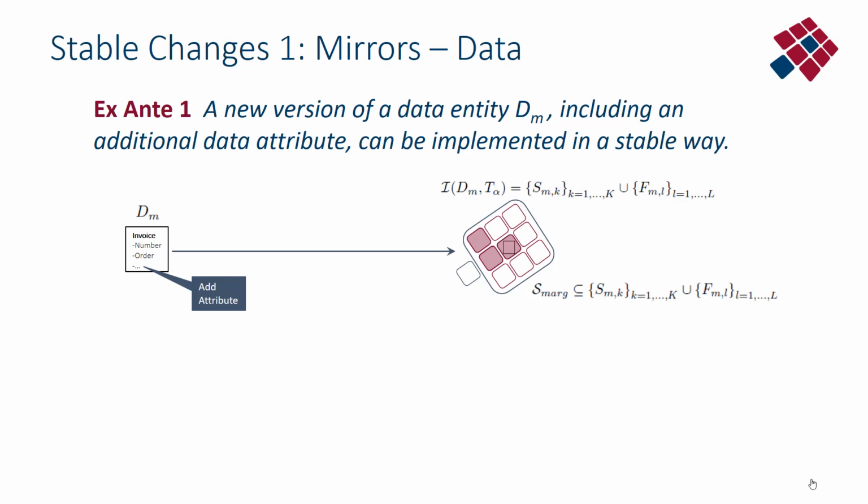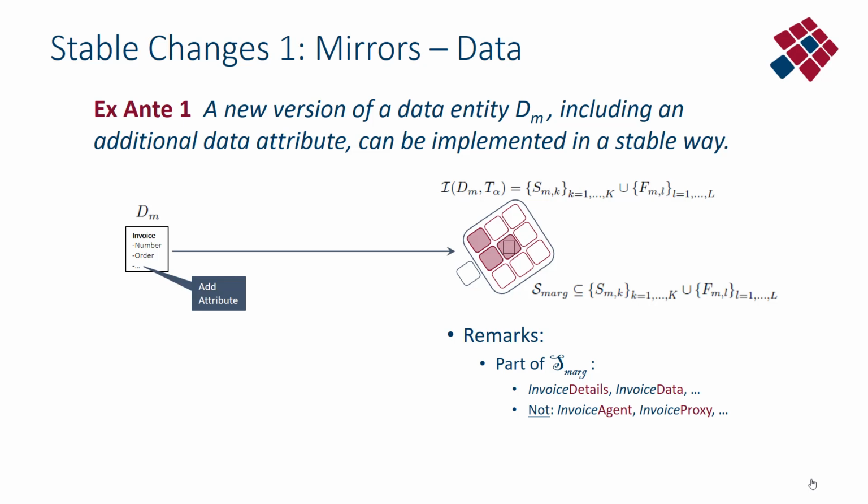And so the marginal set of new versions of software modules or classes is bounded by the number of classes of that element. Now, a couple of remarks. Not all of the classes will be impacted, for instance.